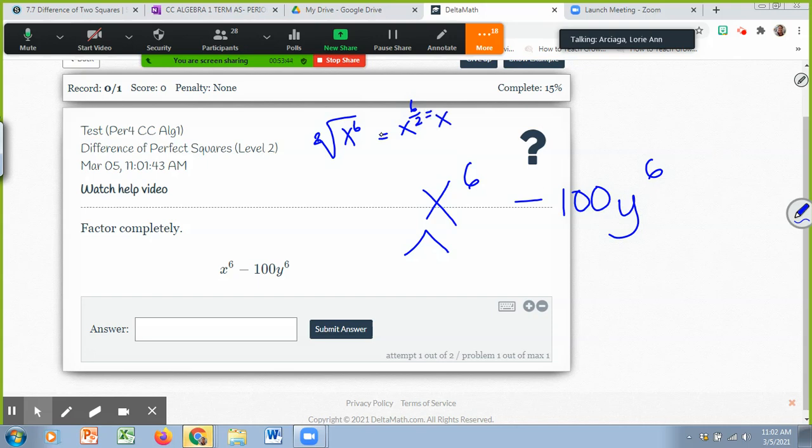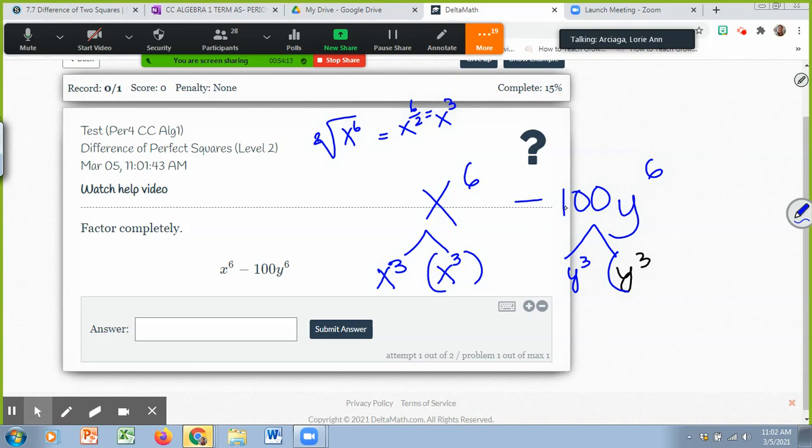So that's going to be x to the third power, right? So in other words, that's not squared, it should be third. You rewrite x to the 6 as x to the third times x to the third, because when you add 3 plus 3, you get 6. Now, same thing here. That's going to be y to the third times y to the third, right?